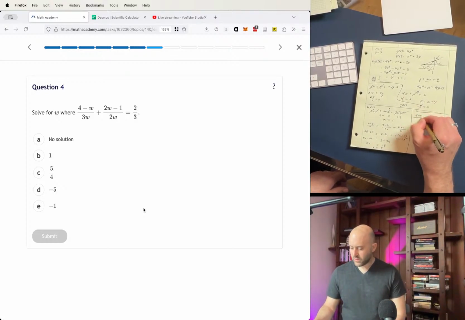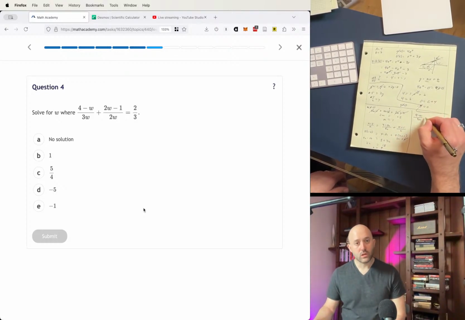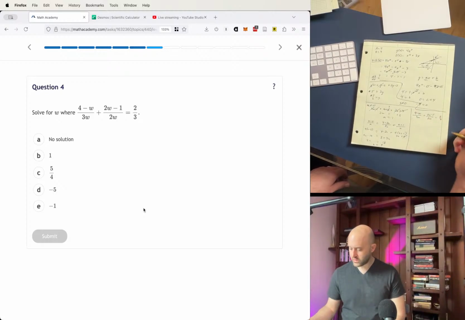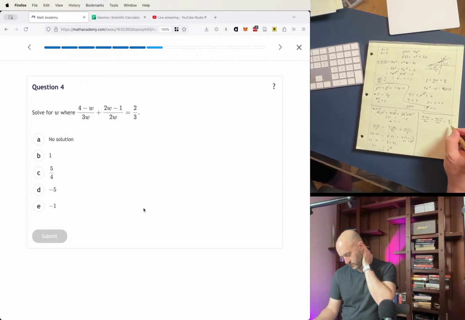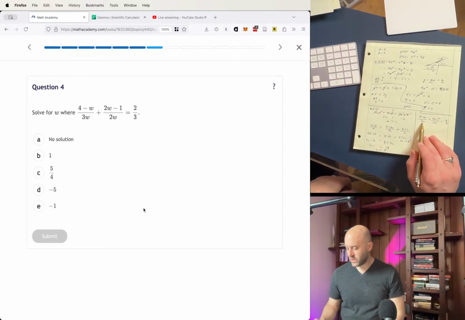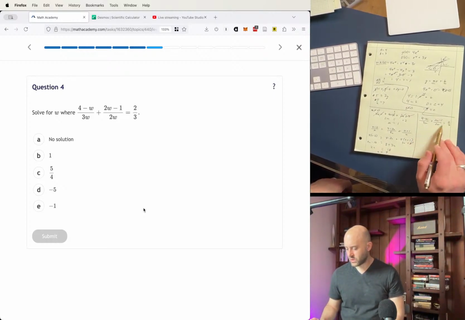Question number 4, maybe I can finish out in this little corner here. 4 minus w on 3w plus 2w minus 1 on 2w equals 2/3. So the least common multiple here would be 6w.